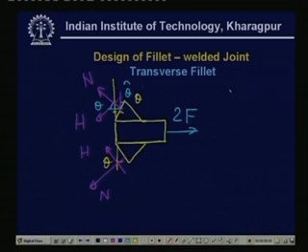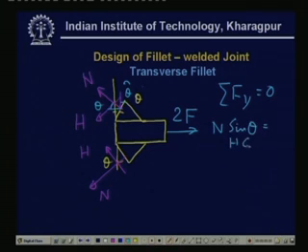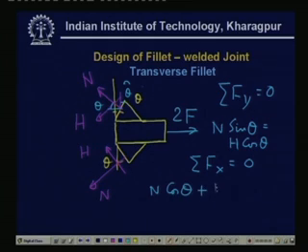Equating the vertical force, that is balancing Fy to be 0, we get n sin theta is H cosine theta, and equating the horizontal force to be 0, we get n cosine theta plus H sin theta, and there are two such things. So, therefore, twice that will be equal to twice F.